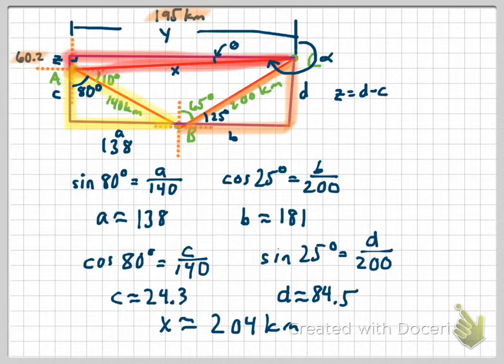And now for the bearing. Well, we said we're looking for the angle between this line that's at the 270 degree mark and this line right there. And we can find that angle that I labeled as theta by using a tangent ratio. We can say the tangent of theta equals z over y.